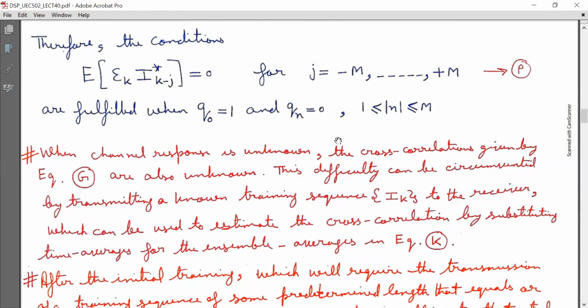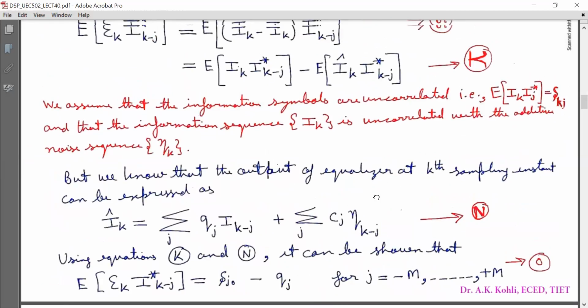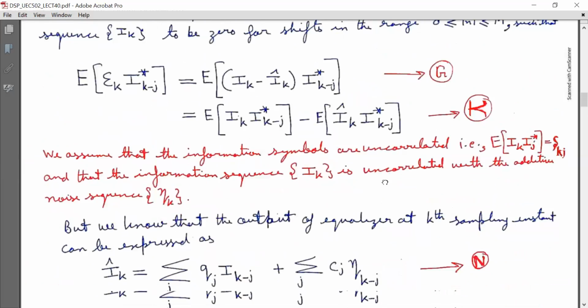This difficulty can be circumvented by transmitting a known training sequence Ik to the receiver, which can be used to estimate the cross correlation by substituting time averages for the ensemble averages in equation K.